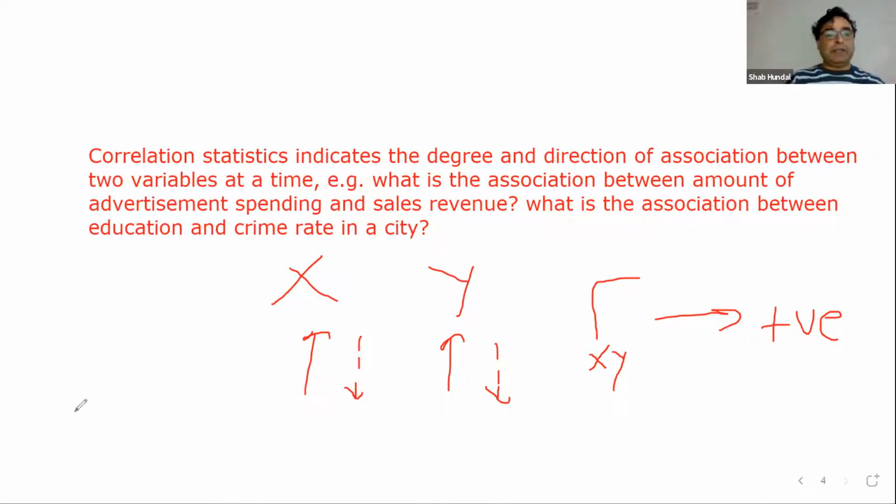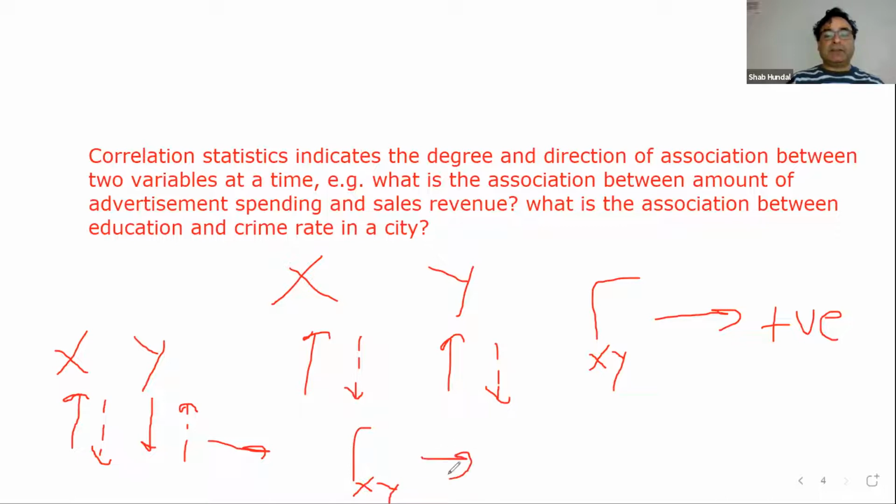It means that here, if one variable goes up, the other goes down. And when one variable goes down, the other goes up. In that case, the correlation between the two variables is labeled as negative correlation.